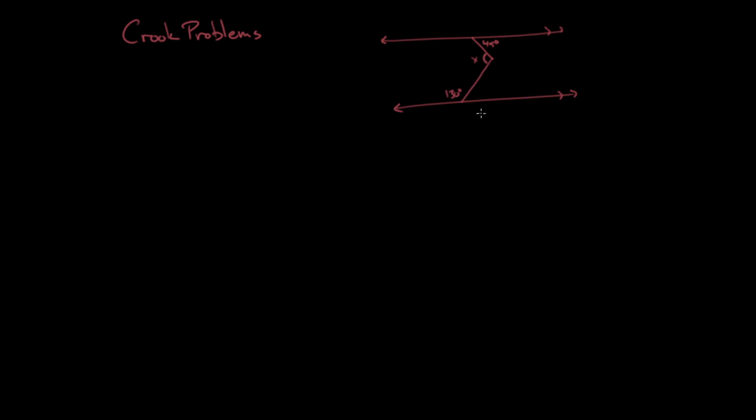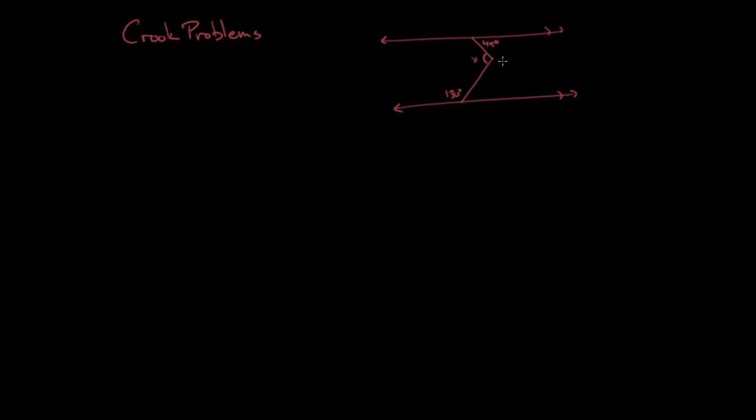What we've been talking a lot about recently is that if I have parallel lines, corresponding angles are congruent, or alternate interior angles are congruent, or whatever it is. So the question is, how can I take this problem and turn it into something like that? And the answer is, well, just by adding a line.